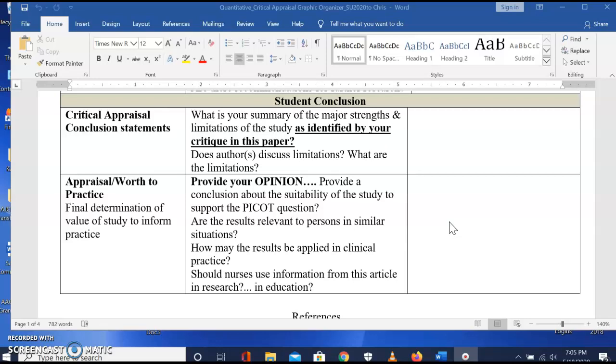So basically, we want you to tell us, do you think that this article stands as a good test to help give information for your PICO question so that you could use this information in taking care of a patient with the problem and the PICO question that you are looking at.